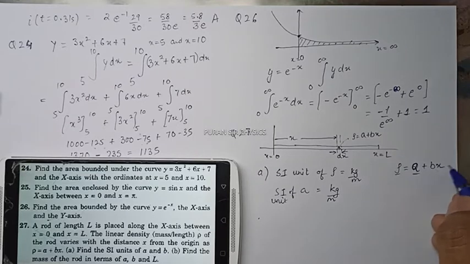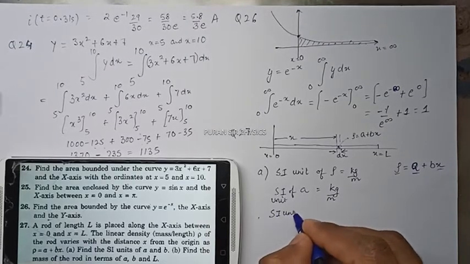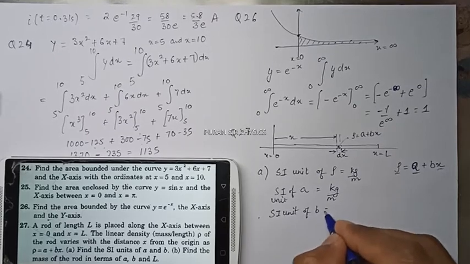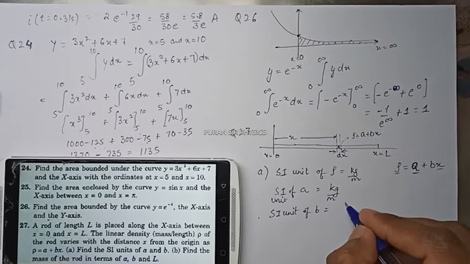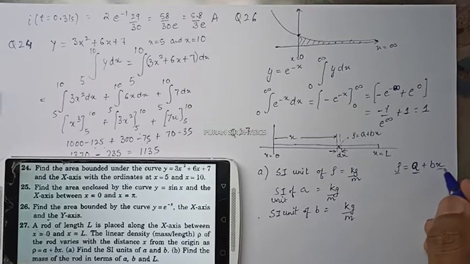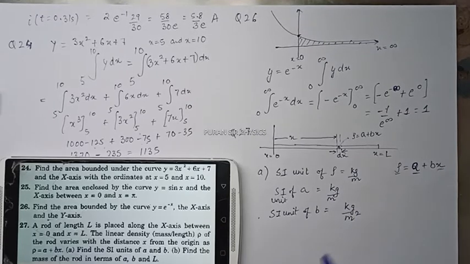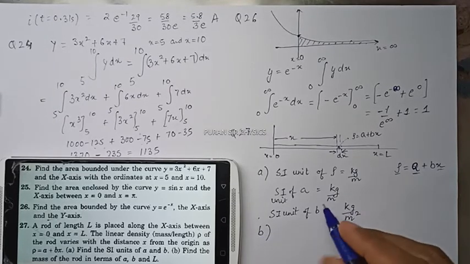If Bx is kilogram per meter and x is a distance, so the SI unit of B will be kilogram per meter divided by the unit of x, which will be meter, so it will be kilogram per meter square. If we multiply this unit with the unit of x, you will get kilogram per meter. So these are the SI units of A and B.